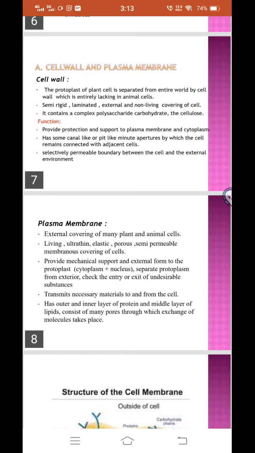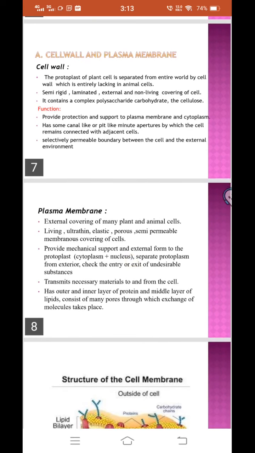Okay. So first we will take the cell wall and the plasma membrane of the eukaryotic cell. The cell wall is the outer covering of the eukaryotic cell, which separates the protoplast of the plant cell from the outer world.